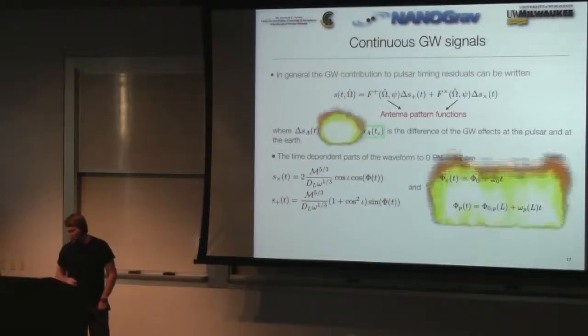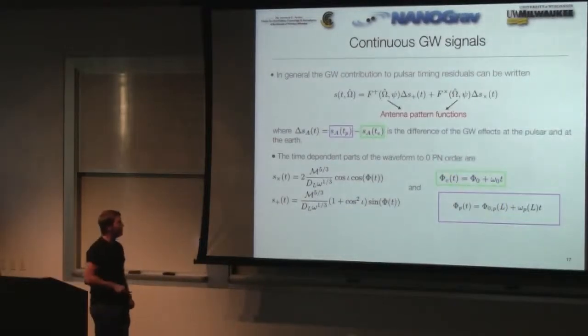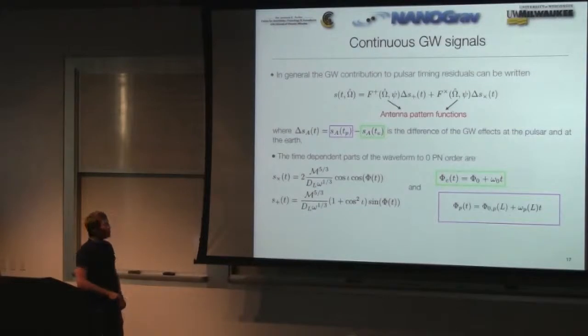For the pulsar term, which I've added flames to here because this is actually a very tricky data analysis problem, now this phase depends on the pulsar distance, and the frequency of the pulsar depends on the pulsar distance. But pulsar distances are only known to within, at best, a few percent, most of the time 20 to 50%. So you don't know these pulsar distances nearly well enough to just fix them in your analysis.